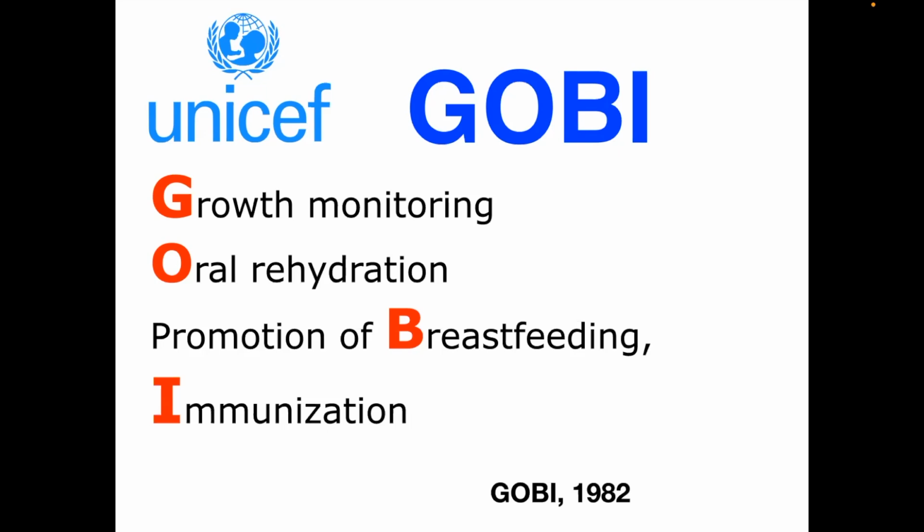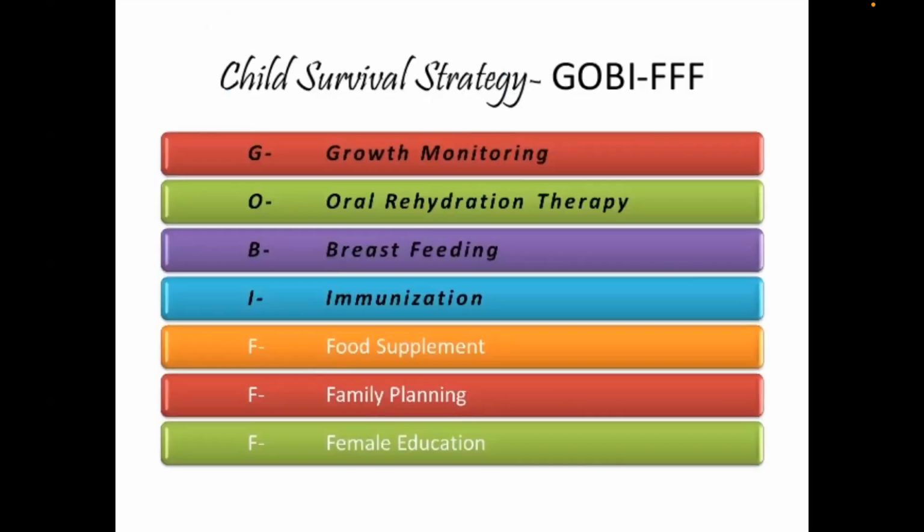After the GOBI followed the GOBI-FFF. Basically 3 programs were added, the triple F: food supplementation, family planning, and female education. Later you will learn that gender equality is very important.